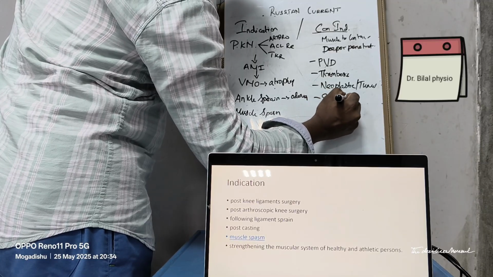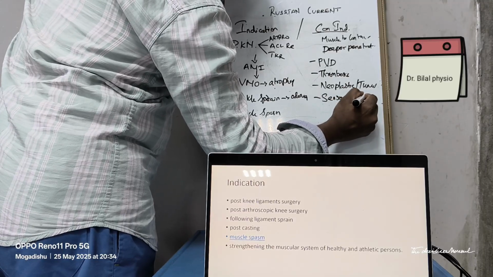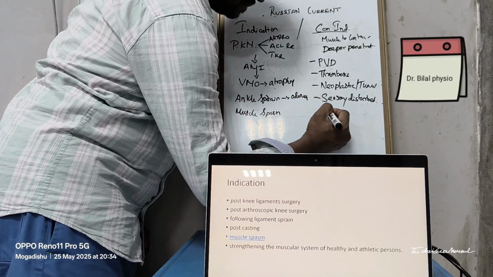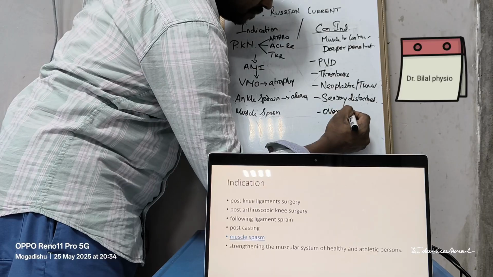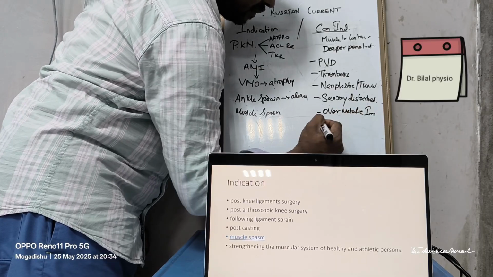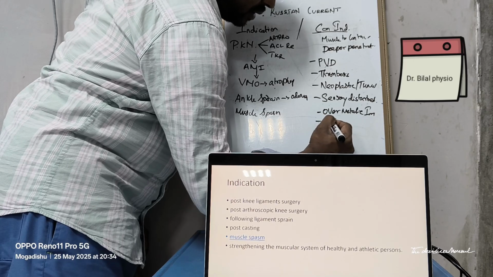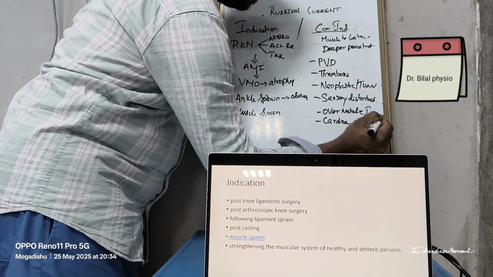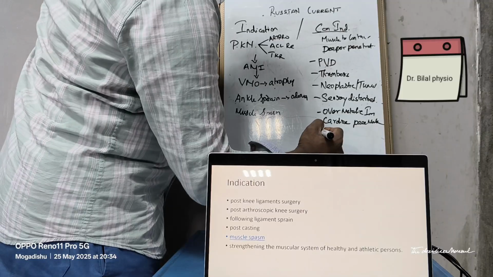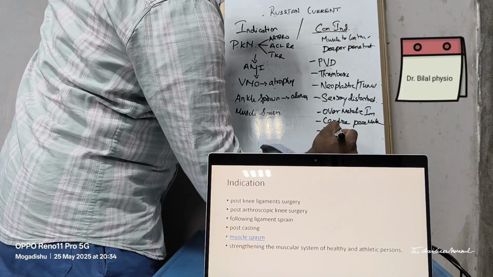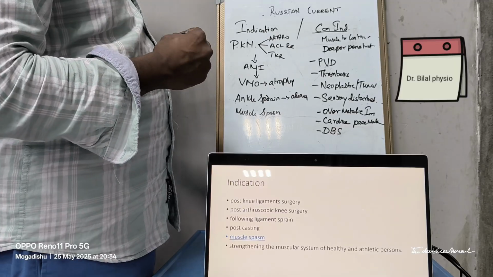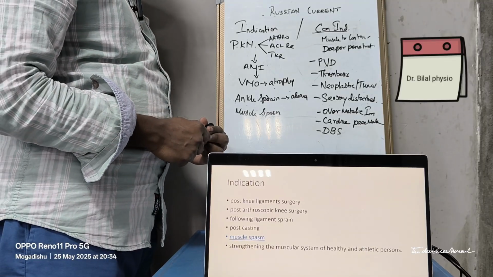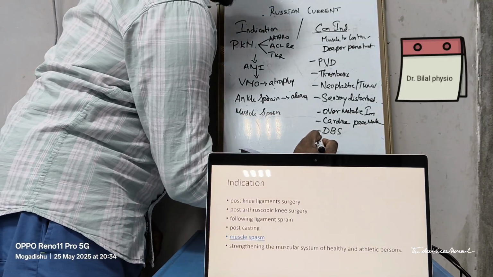We need to avoid it over metallic implants, over cardiac pacemakers, and over DBS patients, deep brain stimulation patients, where there is a pacemaker over the right side of the heart or the right side of the pectoral muscle, and near the area of the heart.